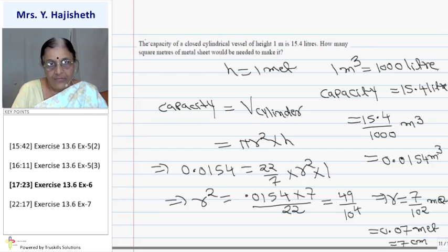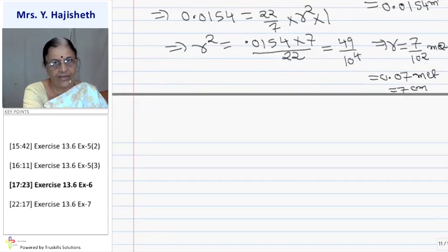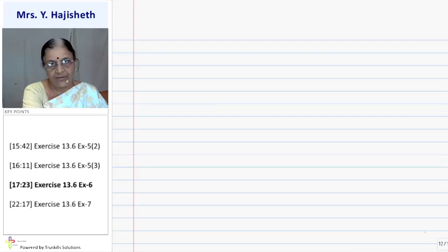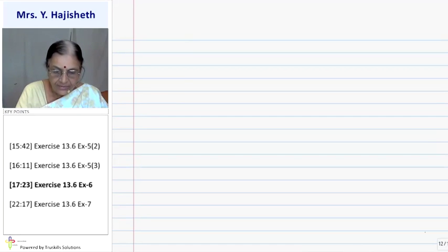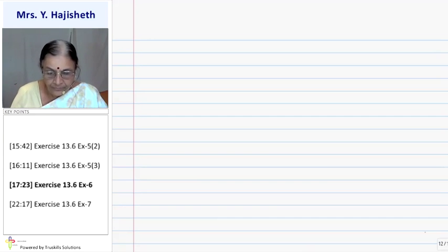cylinder. But you are asked to find out how many square meter of metal sheet would be needed to make it. मुझे cylinder बनाना है, तो इसके लिए I should find out the total surface area. Okay, because metal required to make this cylinder is nothing but, right, it's a hollow cylinder.